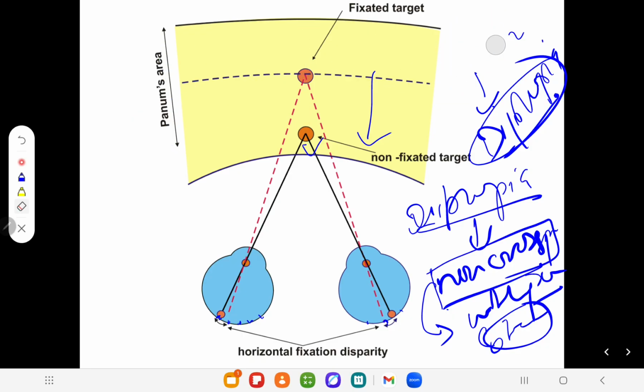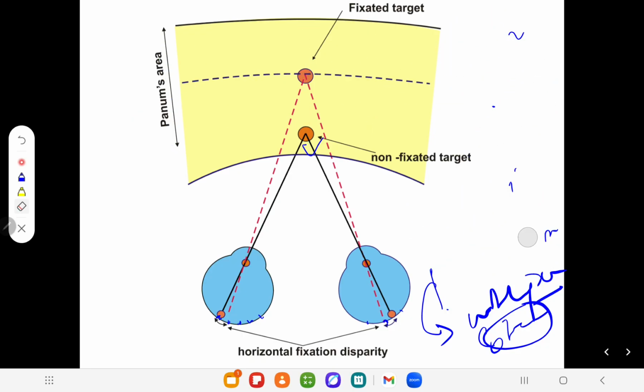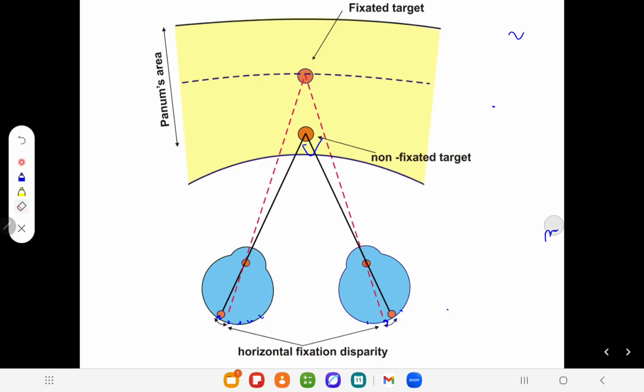Are you getting the concept or not? I'll repeat it once more. The difference between diplopia and stereopsis is very simple. Stereopsis and diplopia both stimulate non-corresponding points of our eyes, but stereopsis happens when the non-corresponding point lies within Panum's fusional area, and diplopia stimulates non-corresponding points outside of Panum's fusional area.